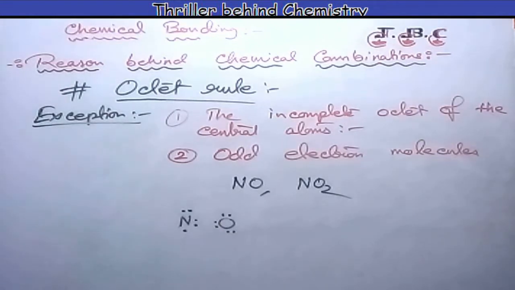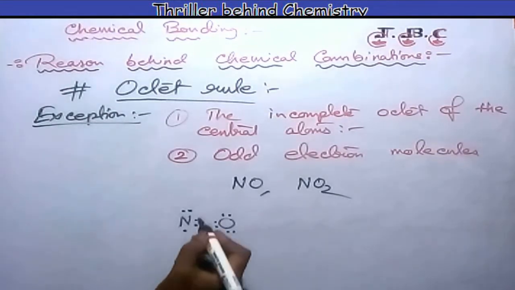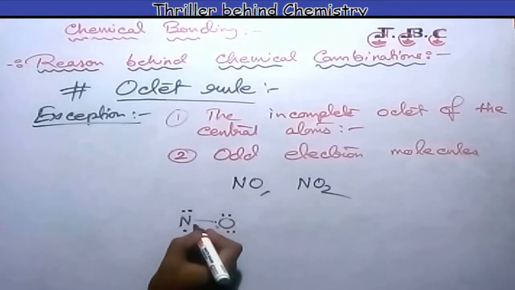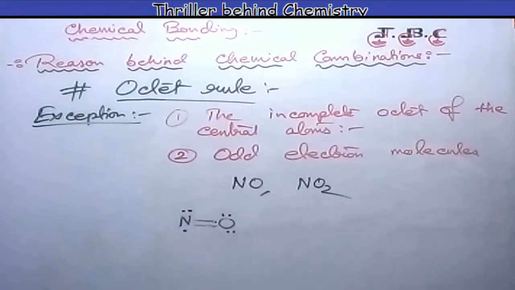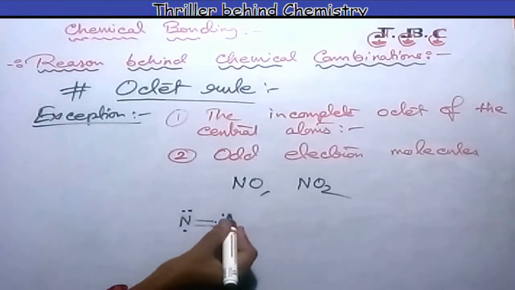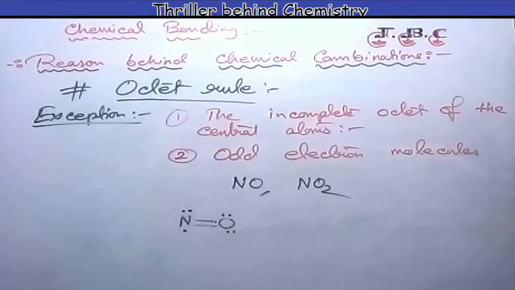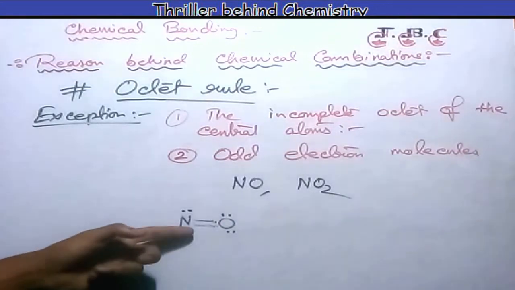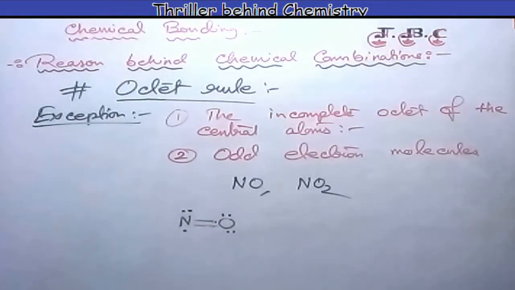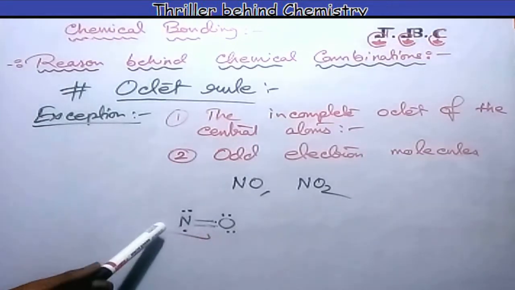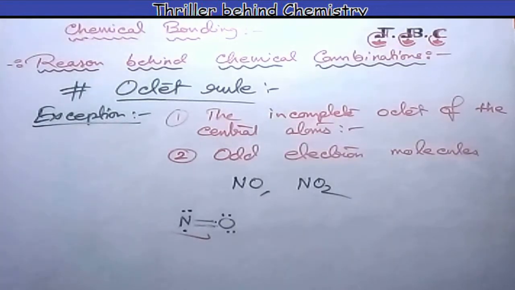So there oxygen is bonded with nitrogen via 2 electrons, and there oxygen attains the stable outer octet shell, that is 1, 2, 3, 4, 5, 6 and 7, 8. But nitrogen has 1, 2, 3, 4, 5, 6, 7 valence electrons. So here nitrogen cannot acquire the stable outer octet electronic configuration.